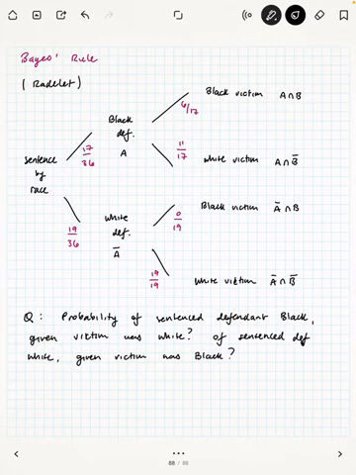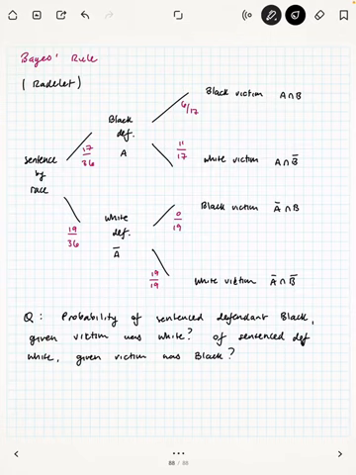So from this tree diagram, we can determine some probabilities, like what's the probability that the victim in a case was white given the defendant is black, or what's the probability that a victim is black given the defendant is white. But what if we wanted to determine a conditional probability in the other direction? So, for example, what's the probability that a sentenced defendant is black given we know the victim is white?